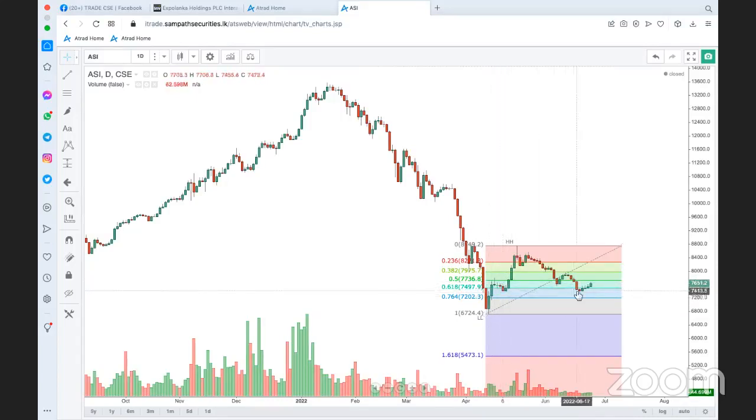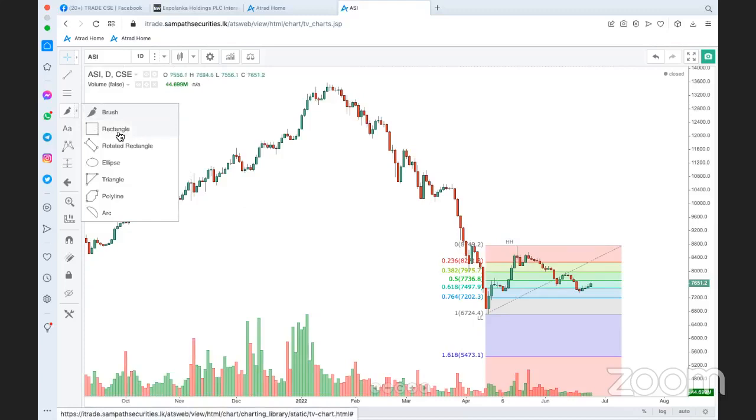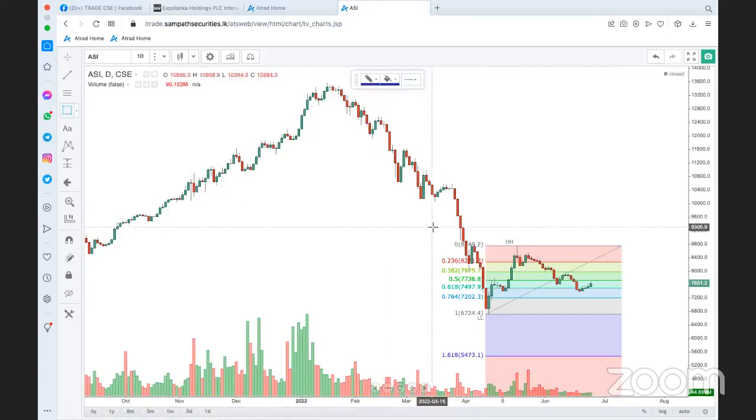Why? This area is within this area, right? So then what I do is, I use the rectangle, and I can start drawing from here, or even somewhere here.